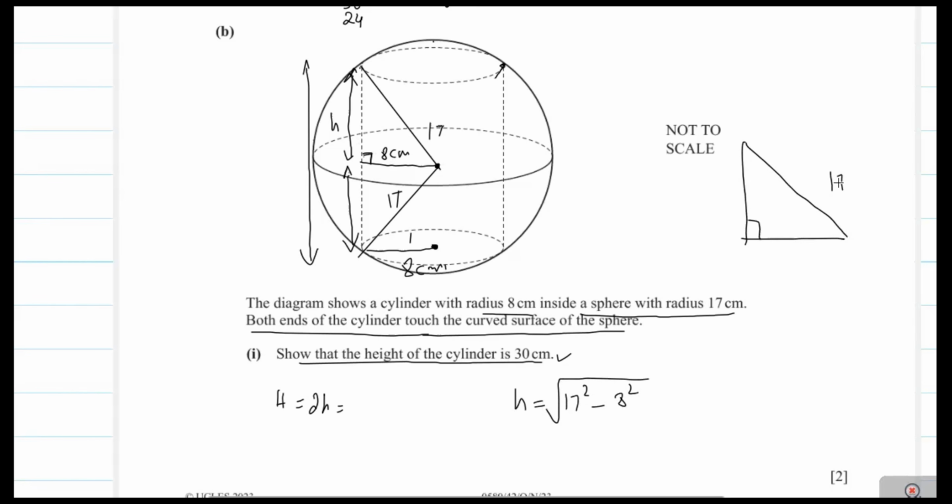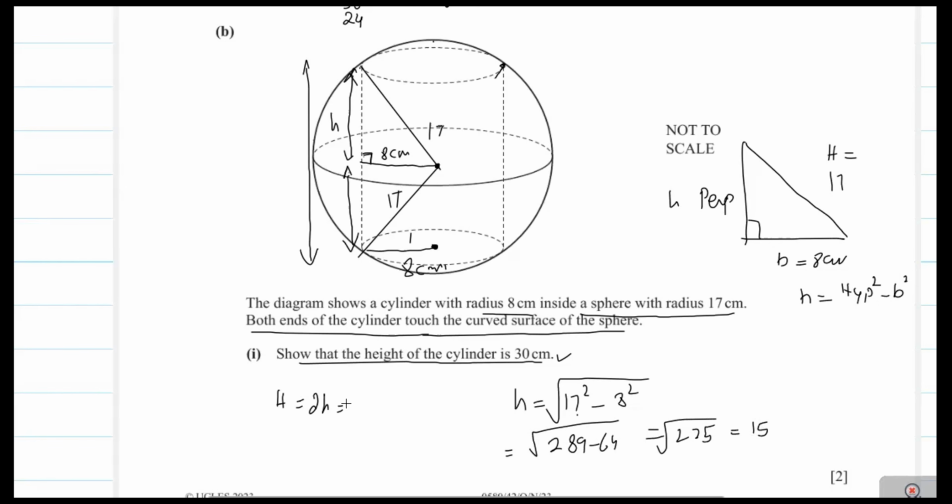This is the hypotenuse, this is the base, 8 centimeters, and this is the perpendicular distance. Now 289 minus 64 equals 225, the square root of which is 15. The height h is 15, so 2 multiplied by 15 equals 30. Therefore, the height of the cylinder is 30 centimeters.